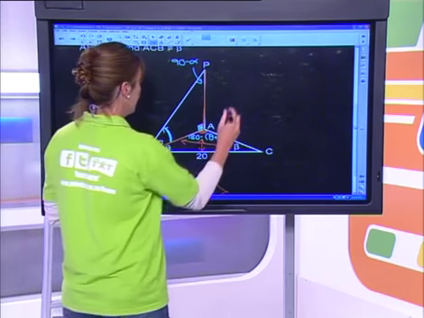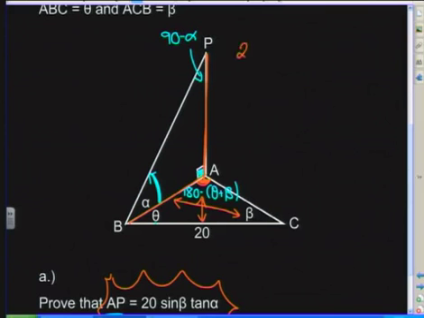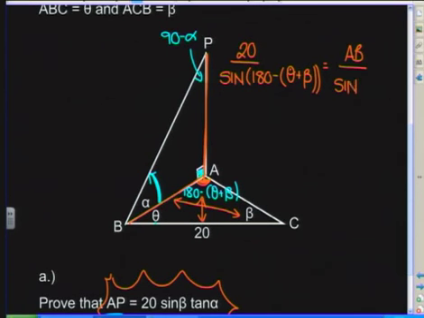So we are going to take the known side of 20, and put it over sine of the angle opposite that, which is 180 minus theta plus beta. That is then made equal to the length which I'm trying to find, AB, over sine of the angle opposite AB, which is beta. Do we notice the reduction formula once again?